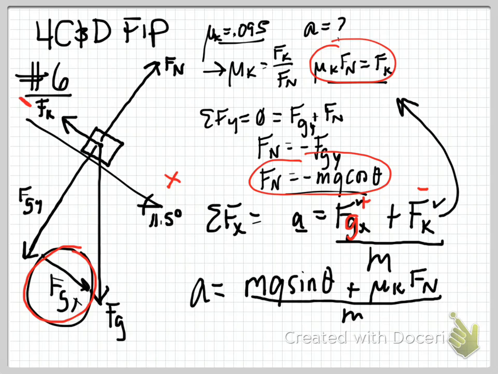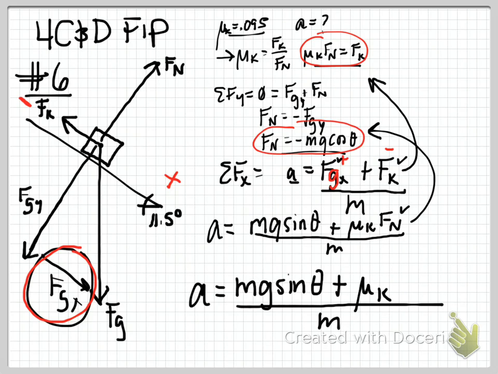Well, we're not out of the woods yet because we don't have fn, but we have an expression for fn. So I'm going to move and shrink some things, and then we'll plug that in. Okay, so I've rewritten the expression, and now I'm just going to put in the expression we built for fn, and that's negative mg cosine theta.